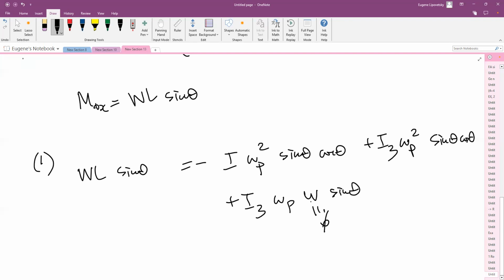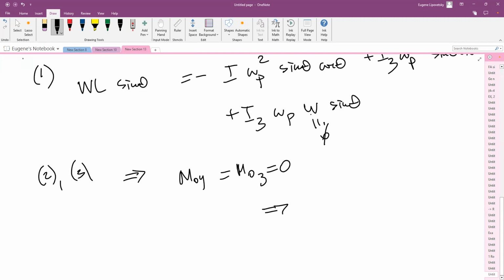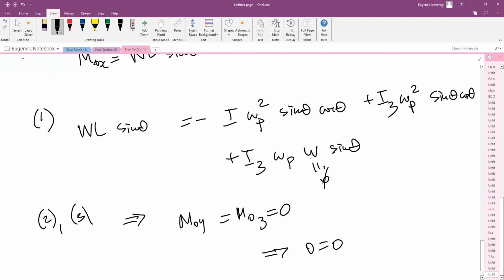That's the equation, all right? Equations 2 and 3 give us that MOY equals MOZ equals 0, and that results in 0 being 0 for both equations. This first equation we'll call star, and we'll see what we can fish out of that one.